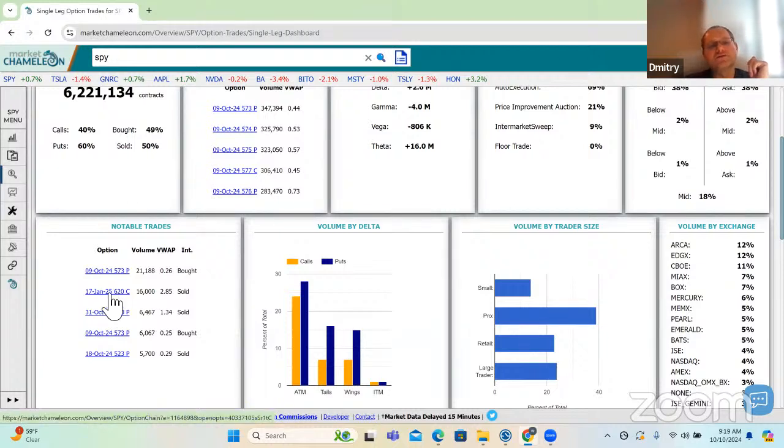January 2025 would be a couple months from now. Sorry. It's a leap that's turned into just a regular expiration. So sorry, that isn't a leap. My mistake. Because we're in October, that's not a leap anymore. I was just looking at the difference in the year.